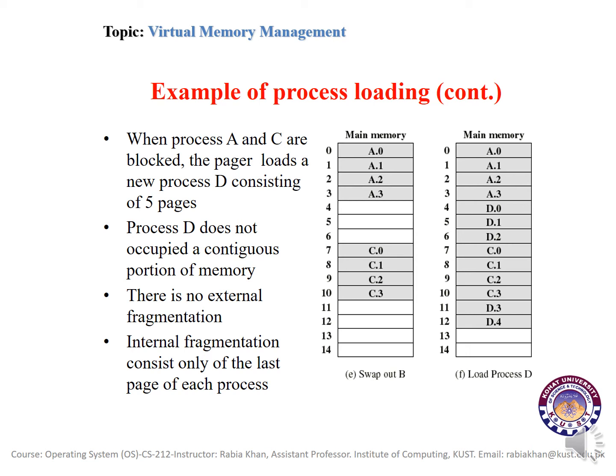But if a process has 15 instructions and 4 pages are made of it, the 3 pages will be having 4 instructions each, but the last page, that is the 4th page, will be having 3 instructions, and hence slight internal fragmentation will be observed only in the last page.